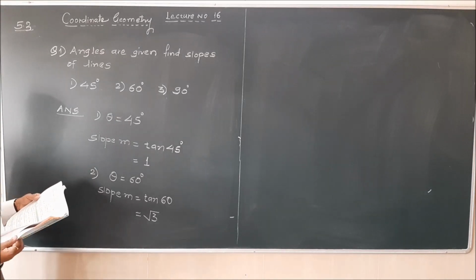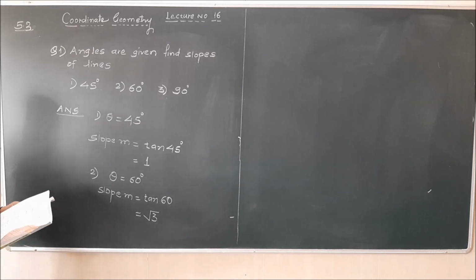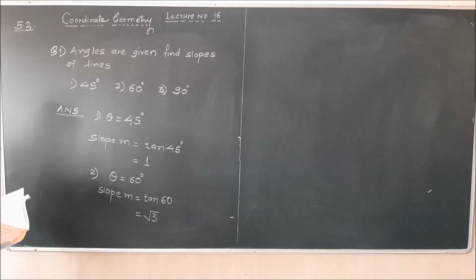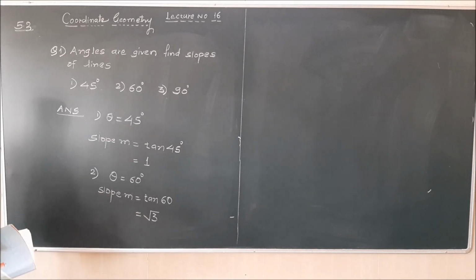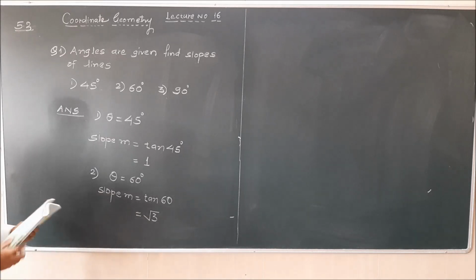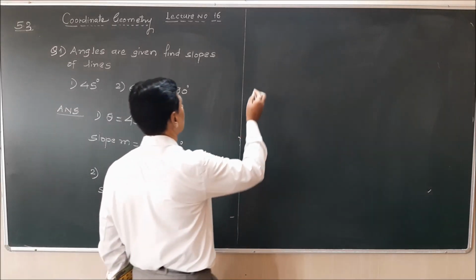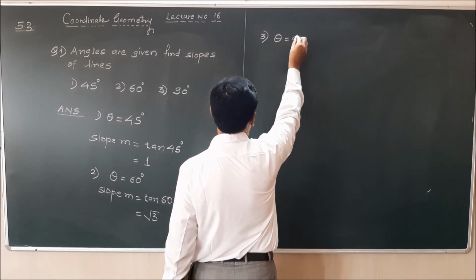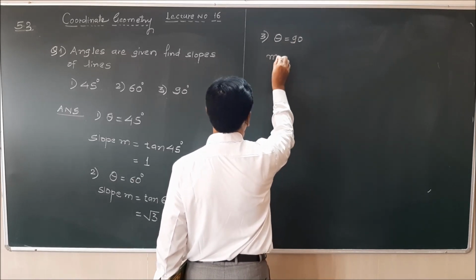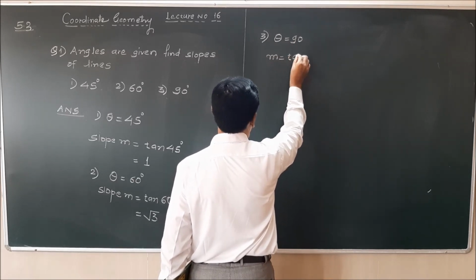Next is the third one, which is tan 90. It is very important. So third one is theta equal to 90, m is equal to tan 90.